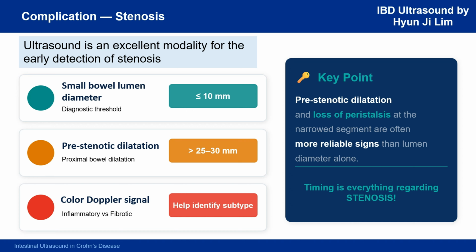In contrast, ultrasound enables a continuous, real-time evaluation of the suspected segment. A diagnosis of stenosis can be made when there is a narrow small bowel diameter accompanied by proximal fluid or gas distension measuring up to 25 to 30 mm or more. A color Doppler signal helps identify the subtype.